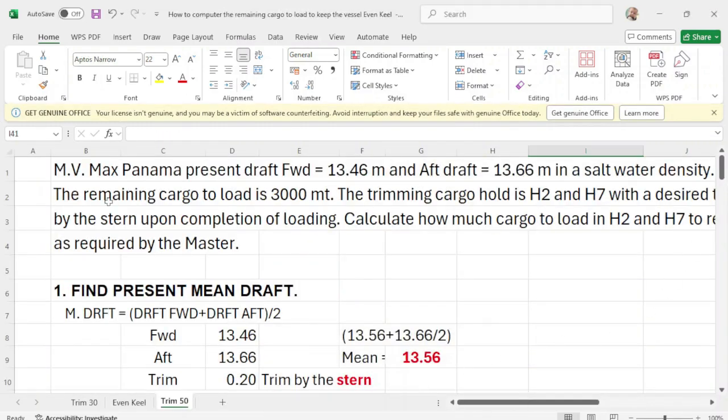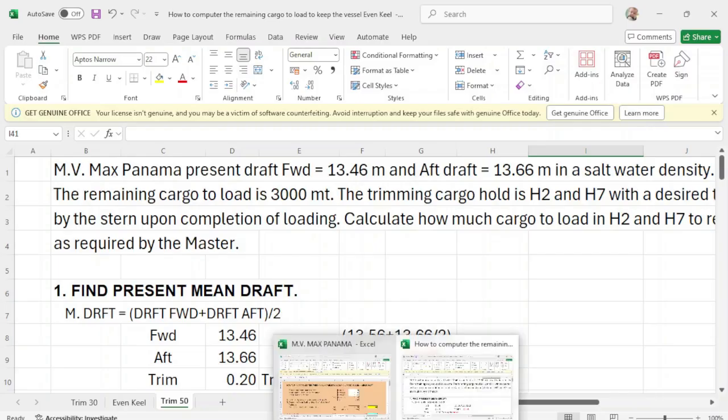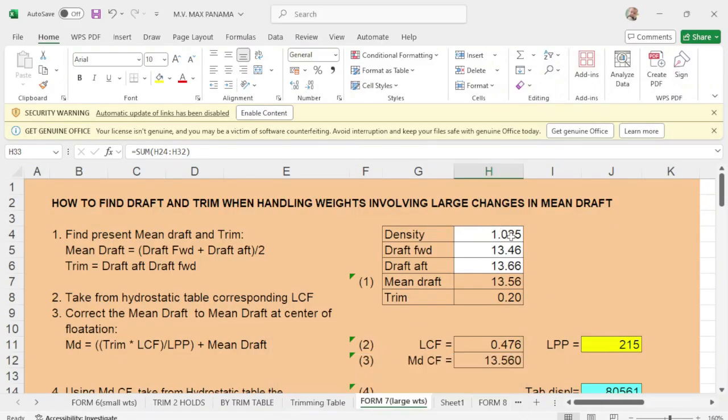It says here, MV Max Panama, present drop forward is 1346 and up drop is 1366 in salt water density. So salt water density is 1.025. Put your initial drop forward and up drop 13.66.